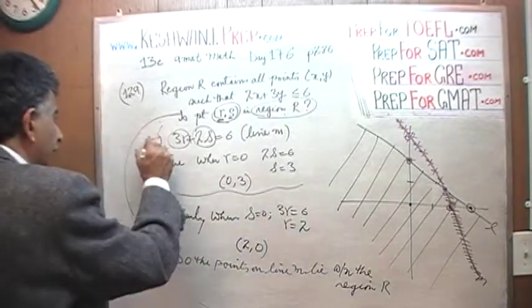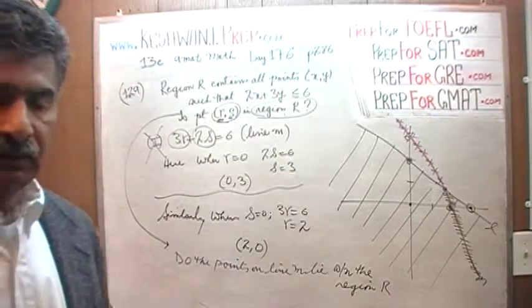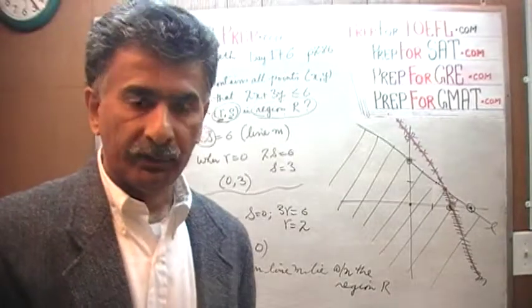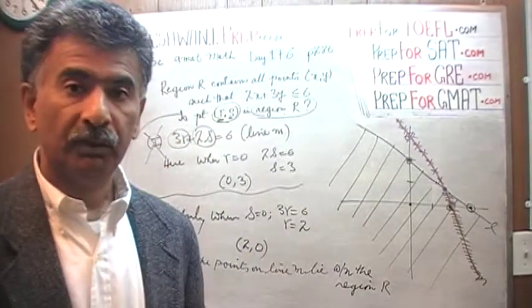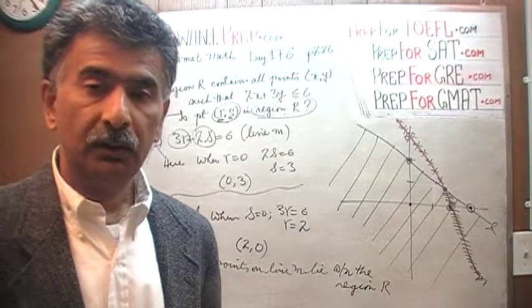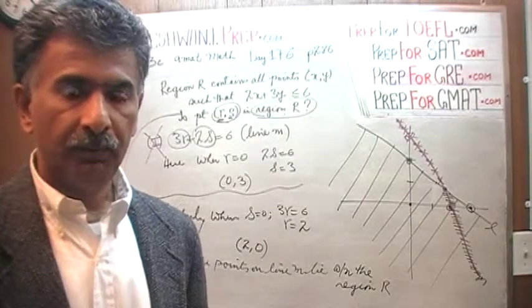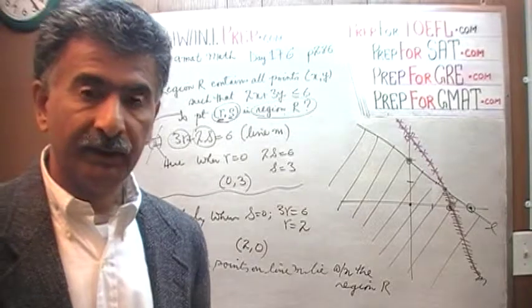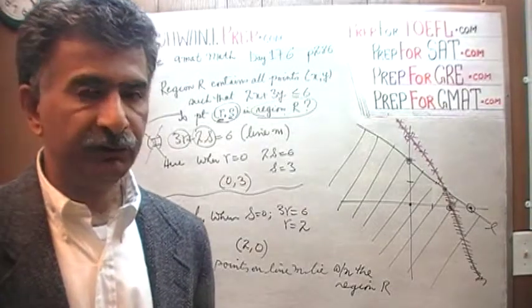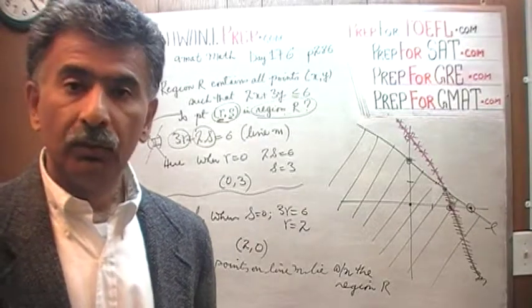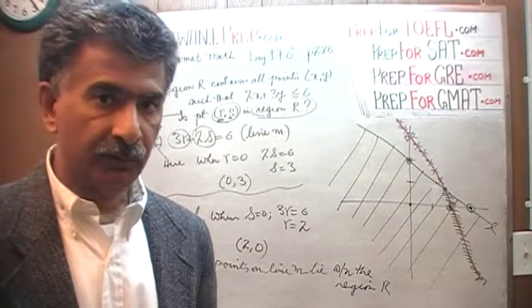The first statement does not provide us sufficient information for us to be able to give a definitive yes or a no. Our job always is to ascertain if we have enough data sufficiency, enough data to give a definitive answer, either in affirmative or negative.